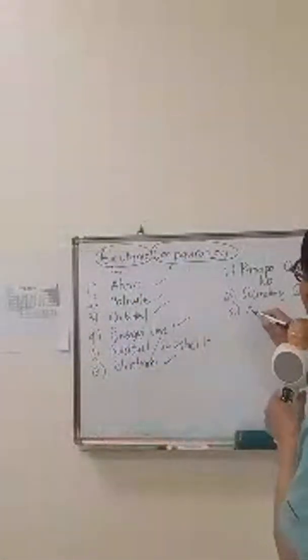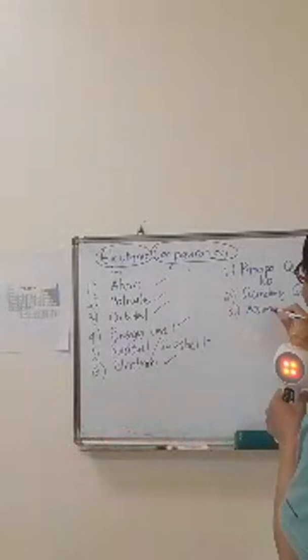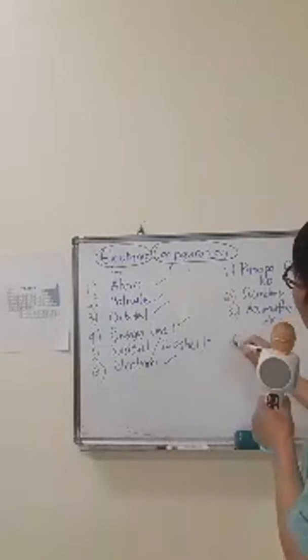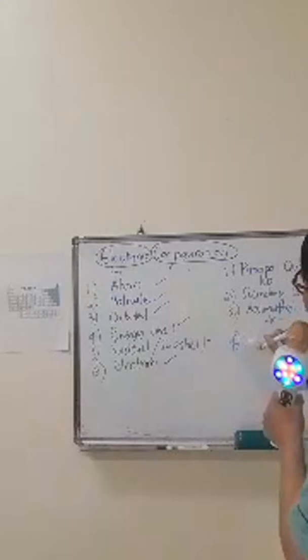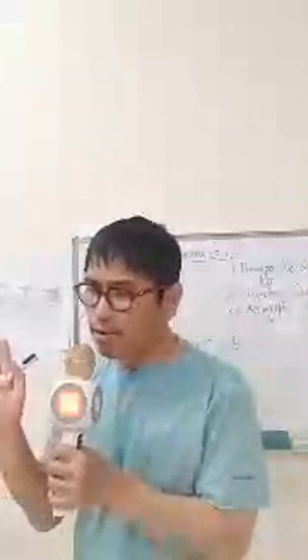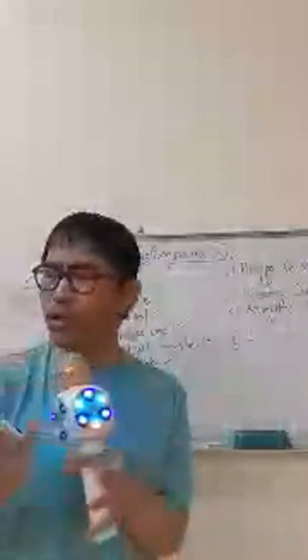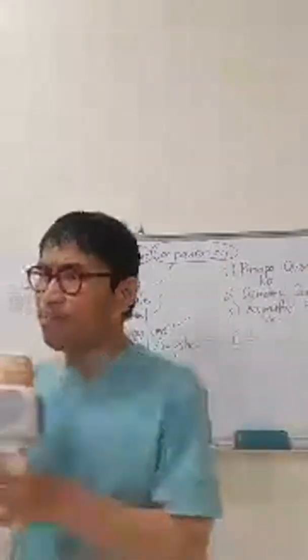Now, we have also the azimuthal quantum number. Okay, guys? Okay, class? Azimuthal quantum number. And we have also the magnetic spin, or what we call the electron magnetic spin. So electrons will try to move, rotate, and there's a spin.